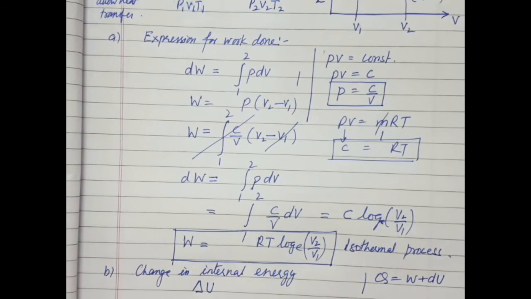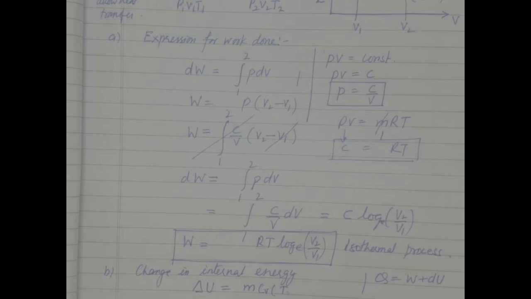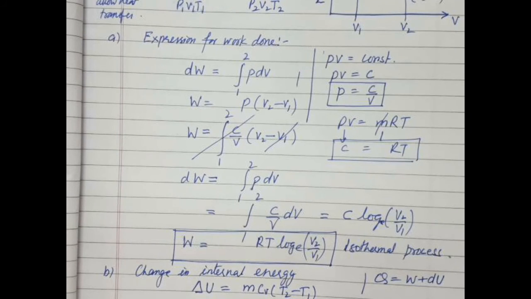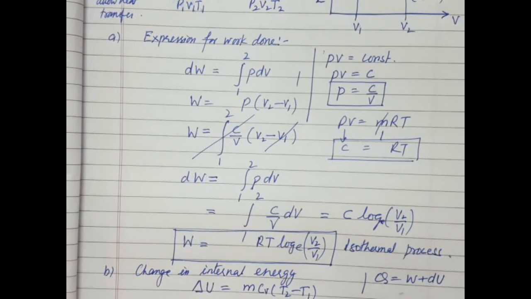Now dU is equal to mCv times T2 minus T1, and we know that T2 is equal to T1, the temperature is constant. Therefore, change in internal energy in case of isothermal process is 0.